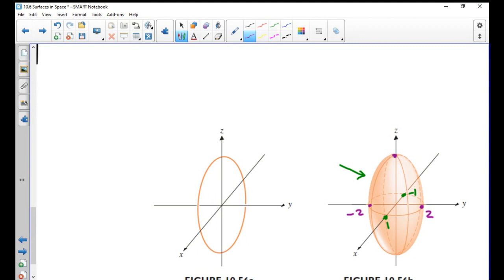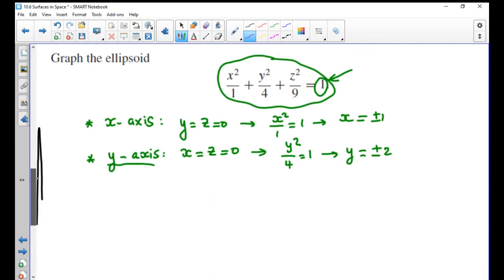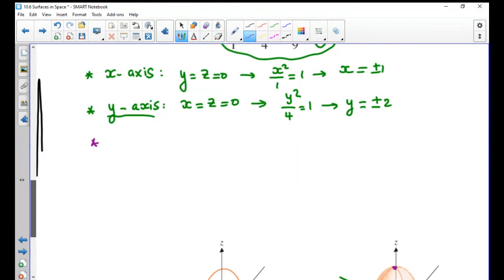Finally, what are the intersections with the z-axis? Yeah, so on the z-axis, the values of x and y are both 0. So then you get z squared over 9 is equal to 1, which means z will be either plus 3 or minus 3.